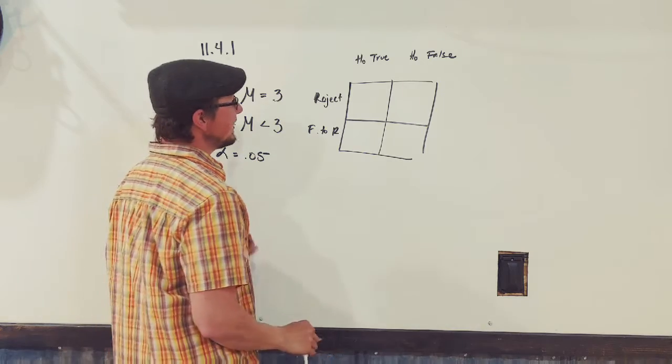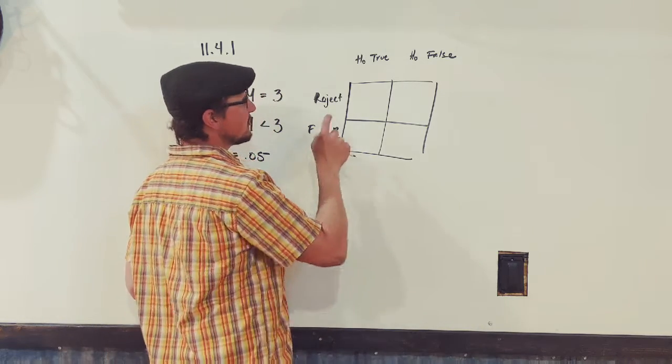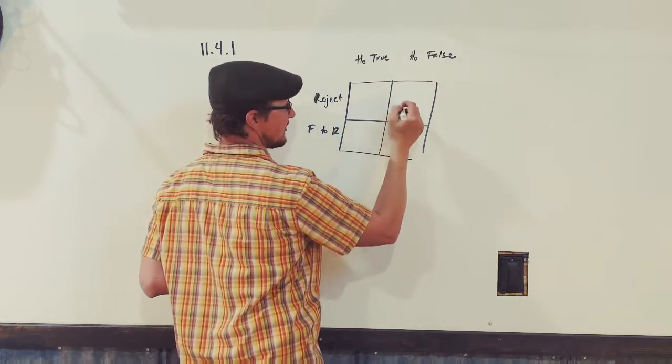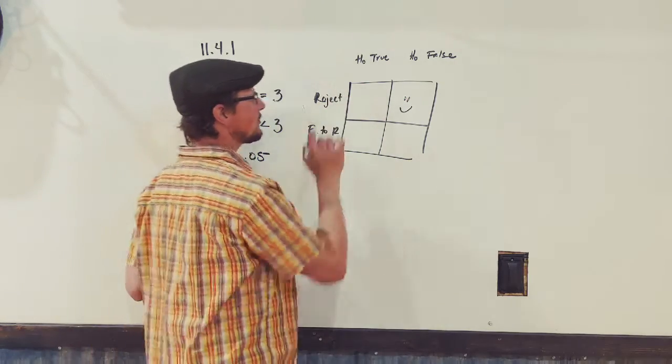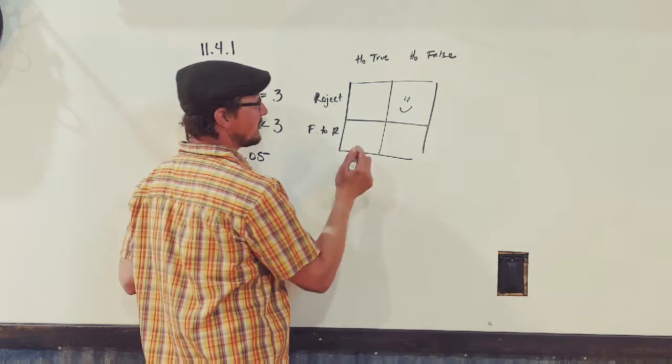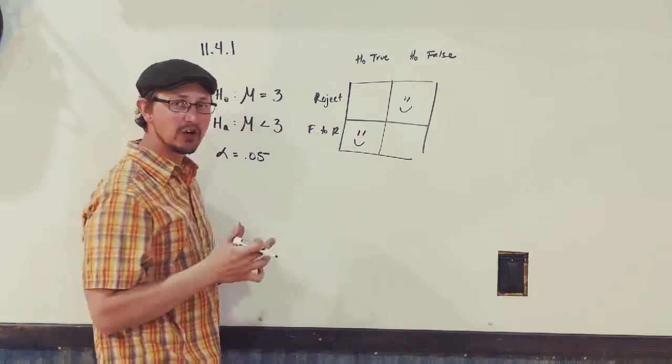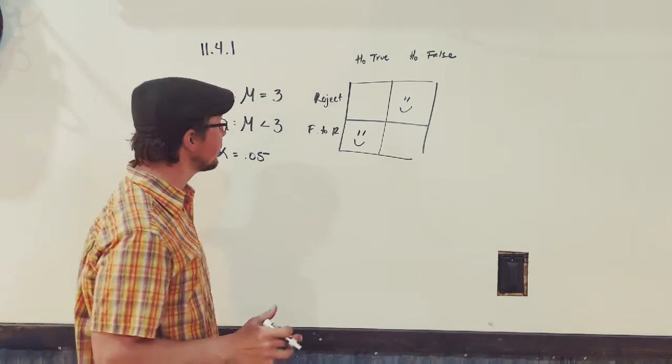So when the null hypothesis is false, we want to reject it. So that's good. That would be thrilling. I'd love for that to happen. Or if the null hypothesis is true, we fail to reject. That's also good. Let's put this in terms of this particular problem here real quick.